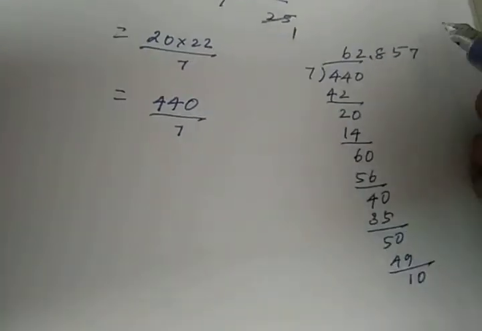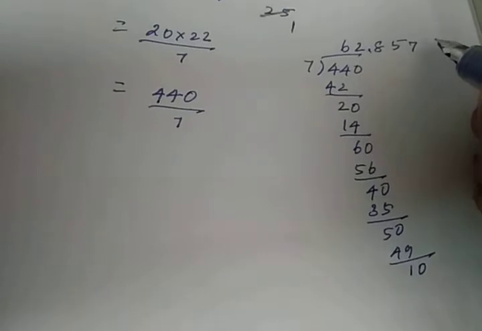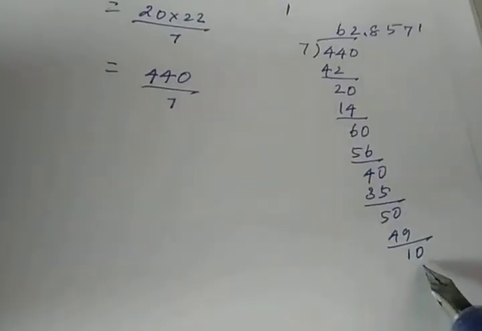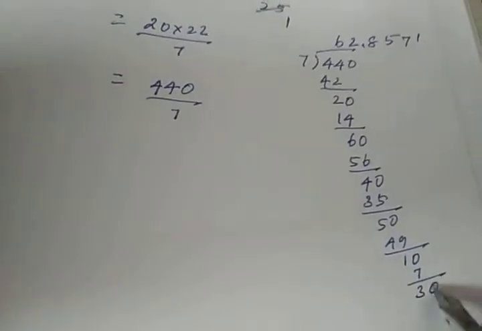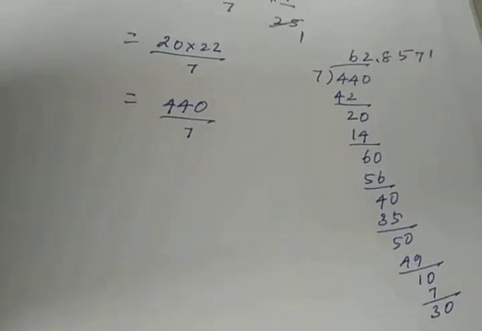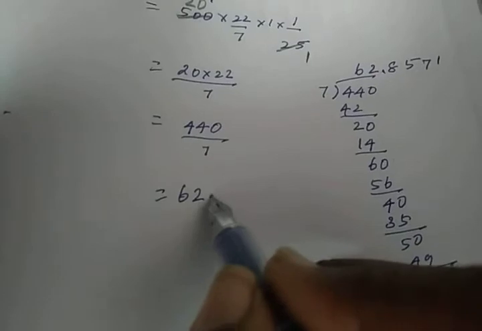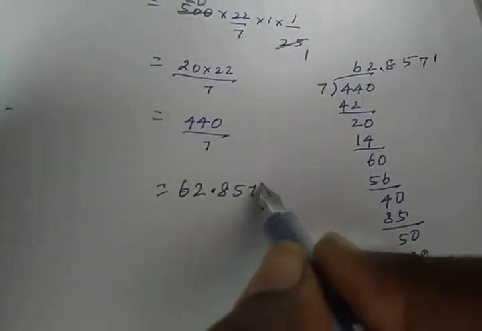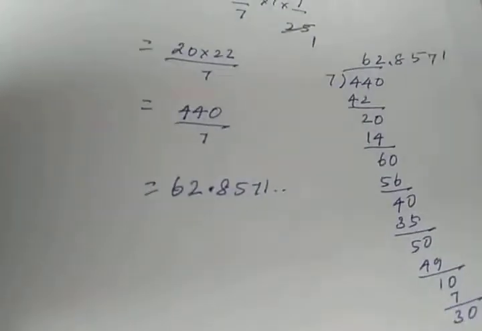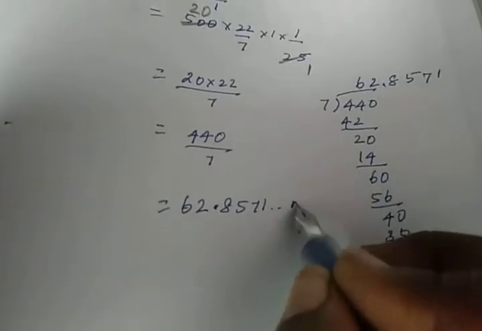Remainder 1, 10. 1 seven is 7. Remainder 3, 30, and it goes on like that. So you will get an approximate value only, which is equal to 62.8571.